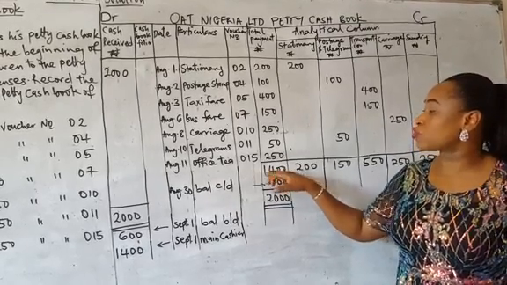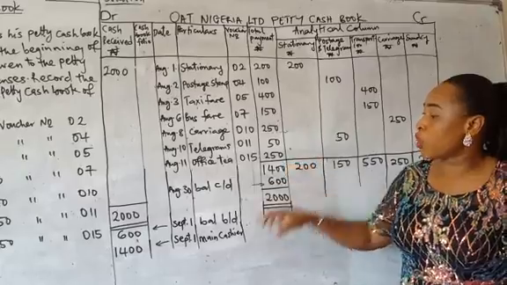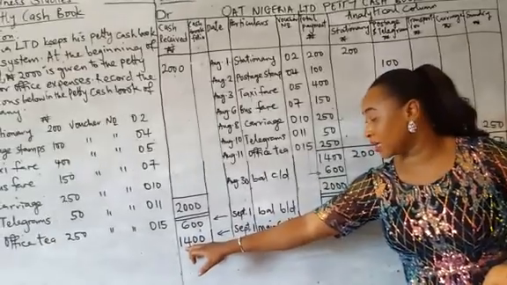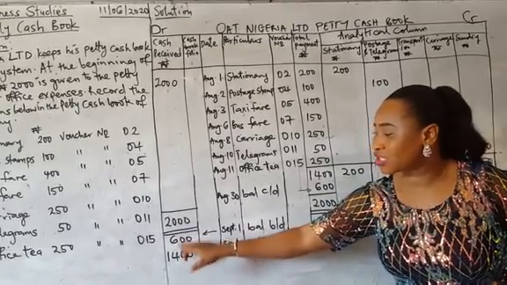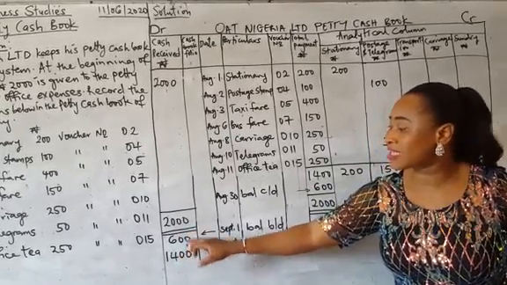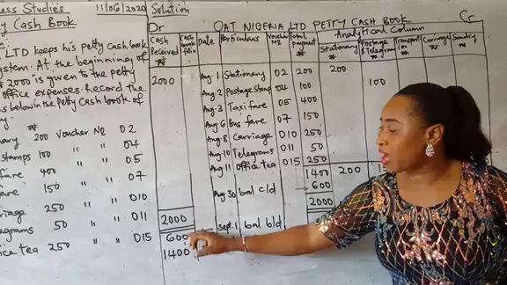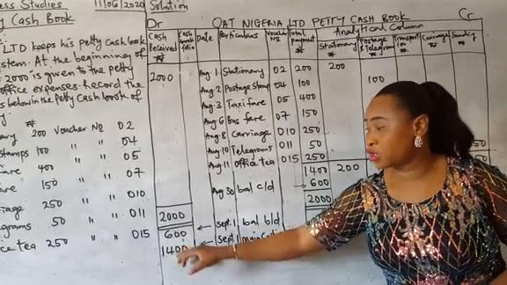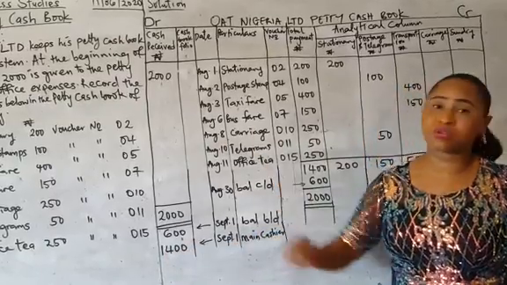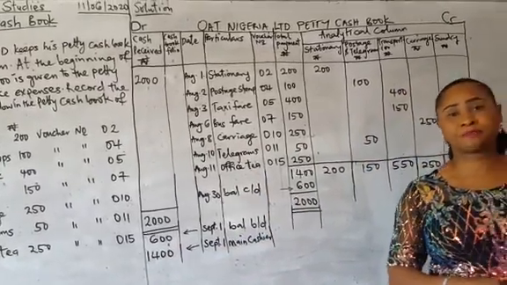That exact amount, 1,004, will be given back to the petty cashier in order to restore the cash to 2,000, because she has 600 at hand. By the time you add the 600 and the 1,004 given back to her, it will restore the cash to 2,000 for the next period.